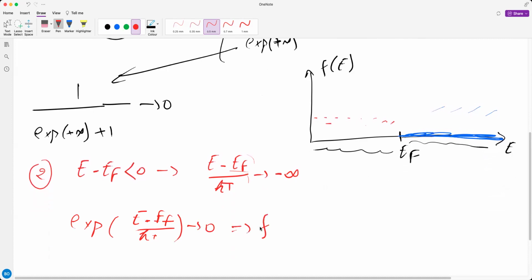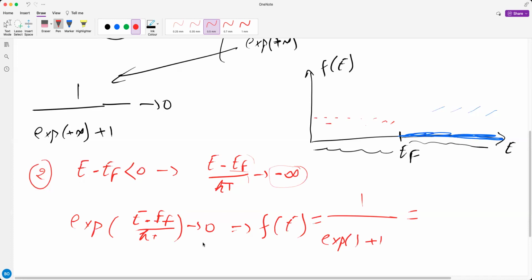Well, this means that f(E), which is 1 over exponential of this plus 1, is equal to what? If E minus EF is less than 0, which means levels that are less than the Fermi energy, this will go to minus infinity.